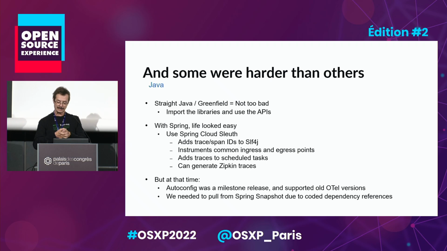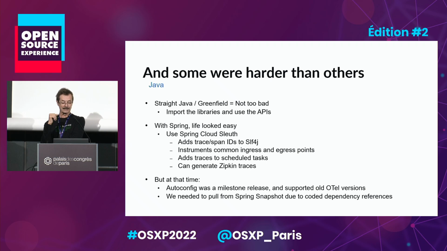It instruments the ingress points for here, and it can generate traces directly. But what we found was, and this has changed a little bit, but not as much as we would like, autoconfig for Spring Sleuth was what they call a milestone release, and it was tied to a specific version of the OTel libraries, which was version 0.11, and we were at version 0.14.